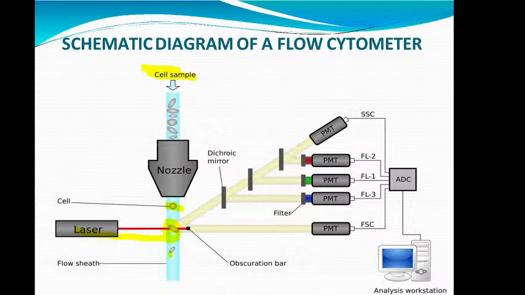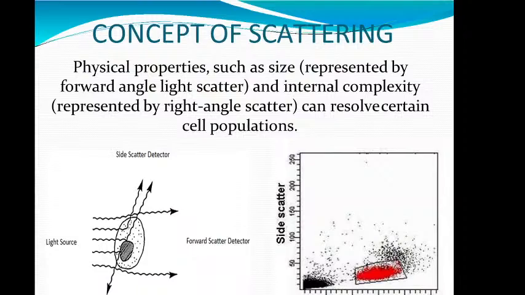They will detect it, and they will put the whole result in this computer in the form of graphs only. This is basically the whole thing in the flow cytometer, the inside of the machine. There are also some mirrors present which will enhance it, and detectors and filters present. We will get the result only in the computer.